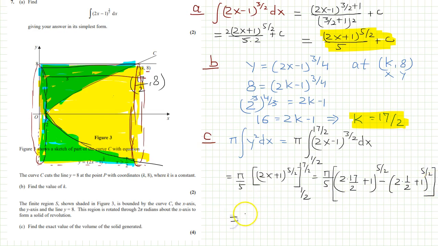So that is equal to pi over 5. The 2 and 2 cancel, 17 plus 1, 18, to the power 5 over 2, minus, 2 and 2, 1 minus 1 is 0.